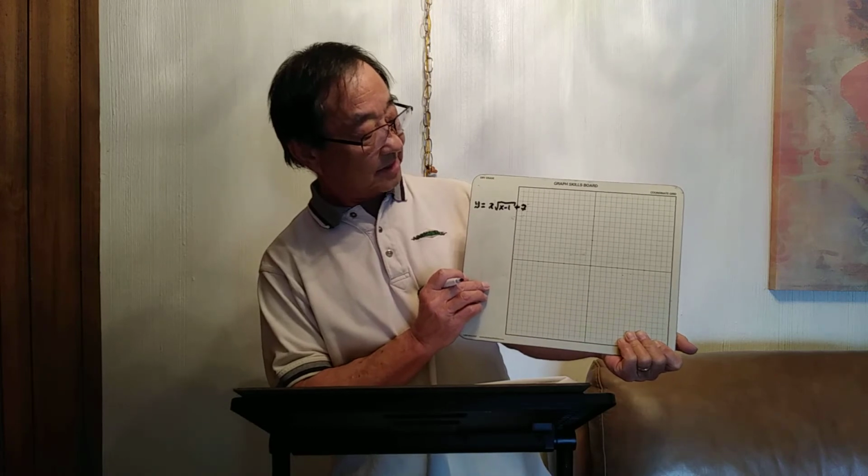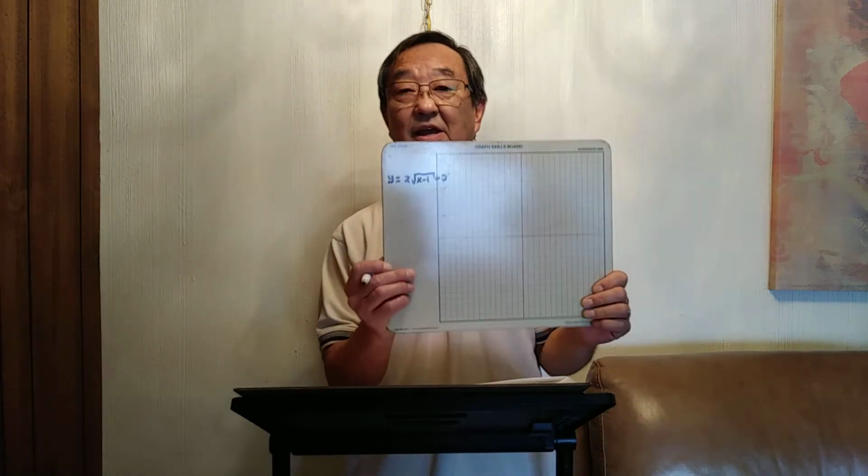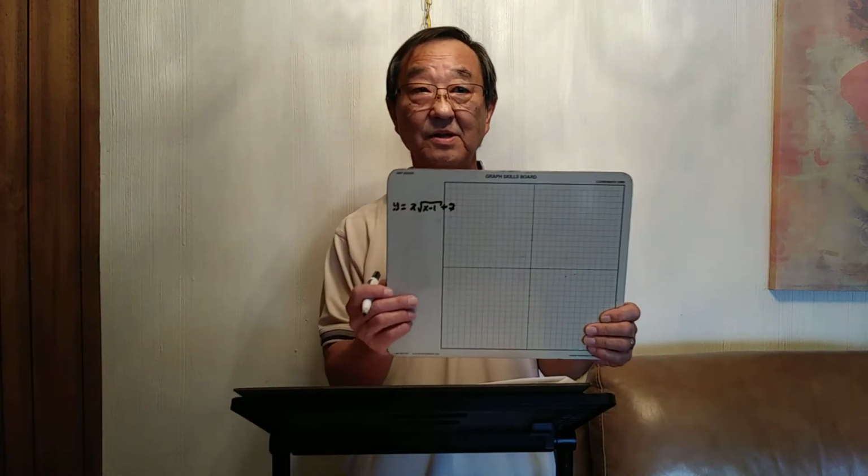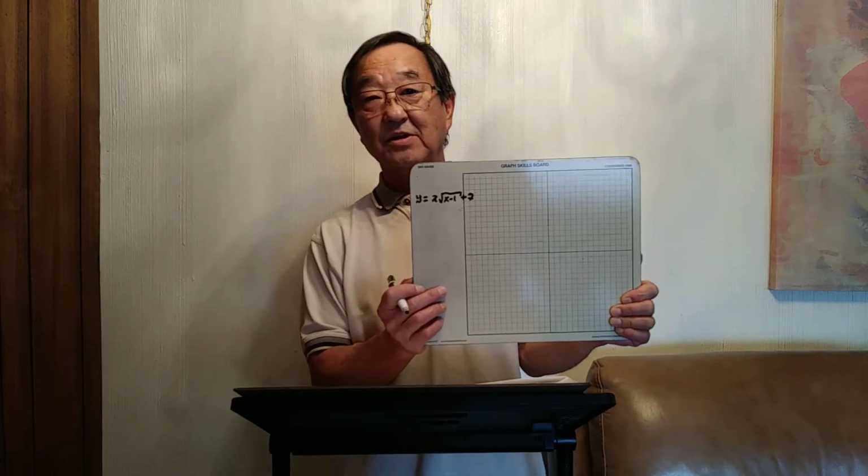I'm going to arbitrarily choose an equation. The equation is 2 times the square root of the quantity x minus 1, plus 2, and we're going to make an XY table. You set up the first number by setting x minus 1 equals 0, and that gives you x at 1.